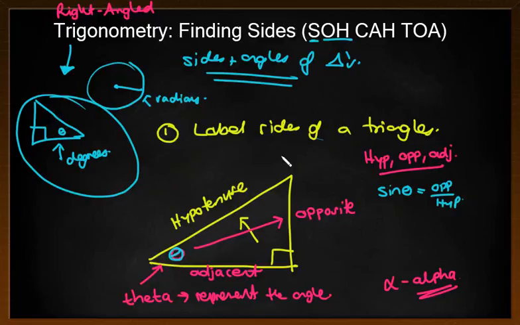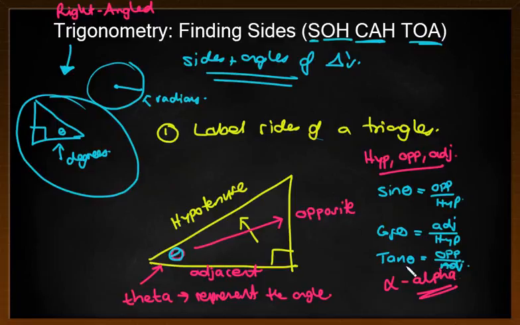If I look at cos theta, that's the exact same value as the adjacent side over the hypotenuse. What do you reckon TOA might be? That is tan theta equals the opposite side over the adjacent side.